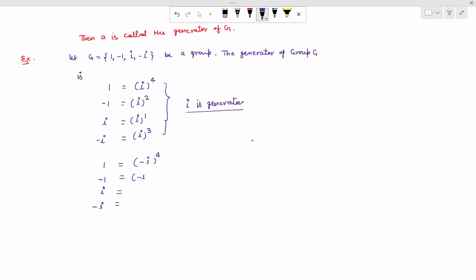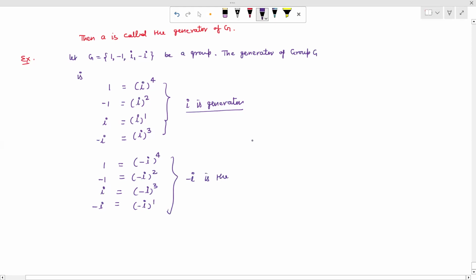Similarly, minus iota raised to the power 2, iota square equal to minus 1, so that power will be 2. And minus iota cubed equal to iota, so this power will be 3, and we get minus iota when the power is 1. So minus iota is the generator which generates all the elements of the group G.